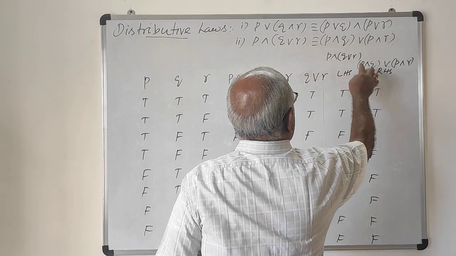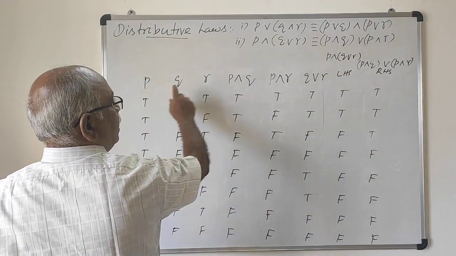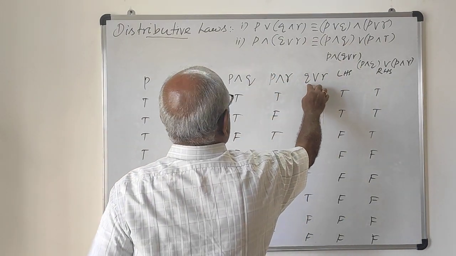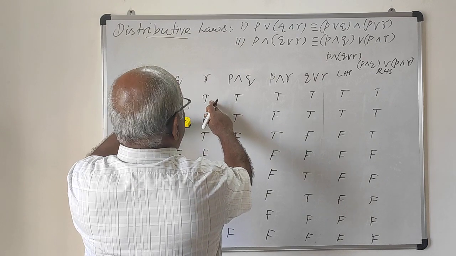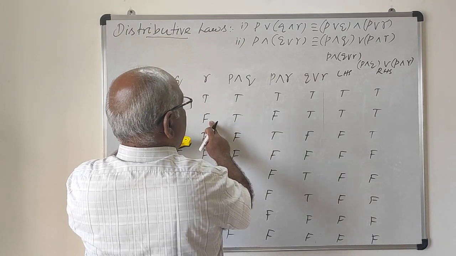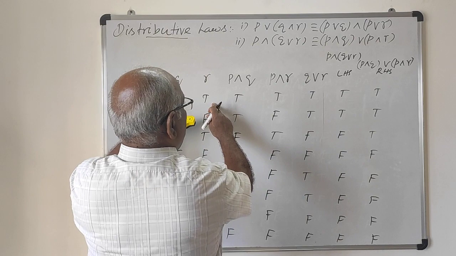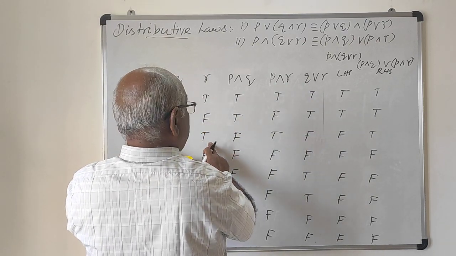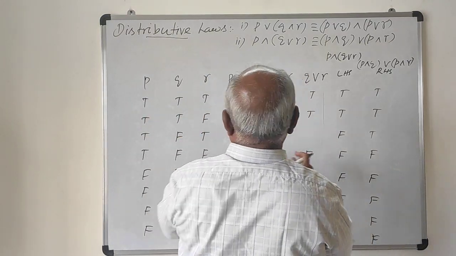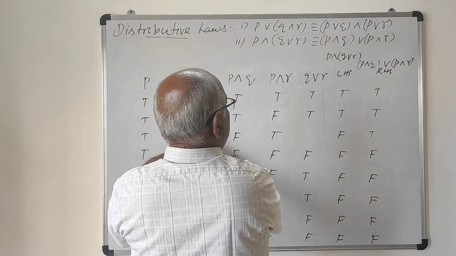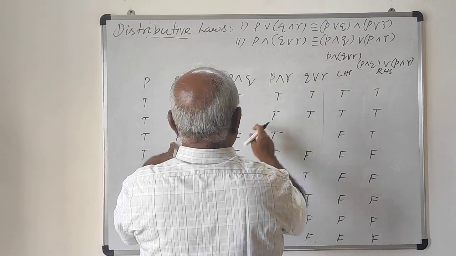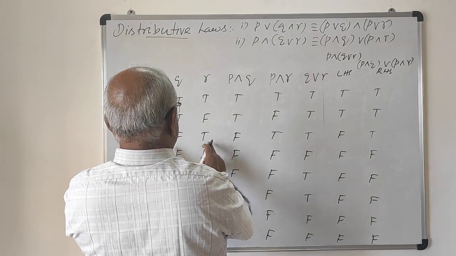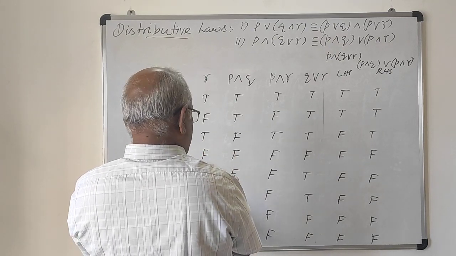We will verify once again. Q disjunction R. Disjunction means if both are T, it is T. One T is T. Q disjunction R, disjunction means one T, it is also T. You understand?